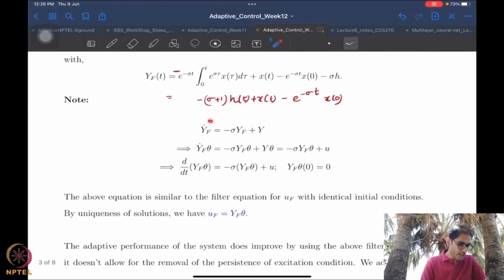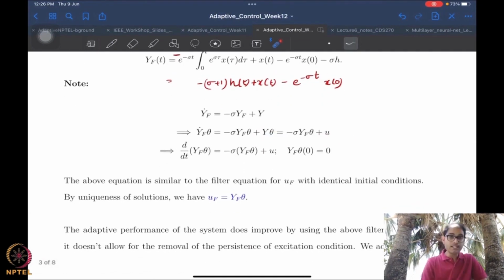So we are doing something similar, not exactly the same. If you look at this yf dot, it is just minus sigma yf plus a y, right? So if I multiply by theta on both sides, I get this. And notice that y times theta equals u from our regressor parameter form. So I have just substituted here.